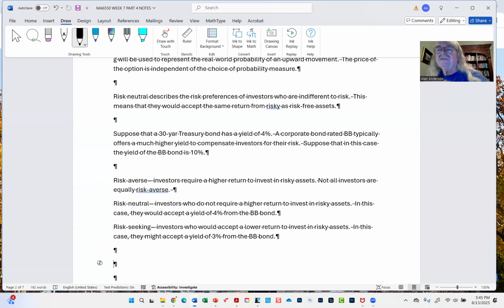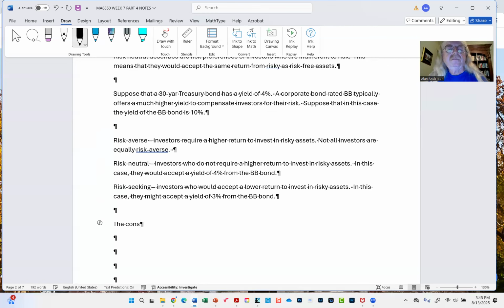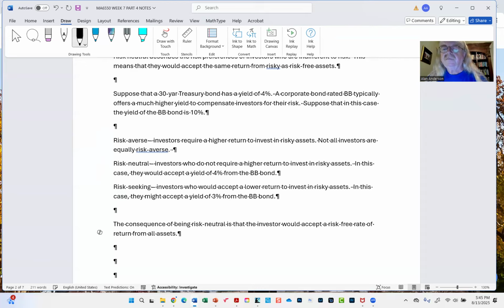And so the interesting thing is, if we did find an investor who was risk neutral, that investor would accept a risk-free rate of return from all assets. Now, here's the interesting part. In the Black-Scholes model, the price of the option is the same no matter what assumption is made about risk preferences.